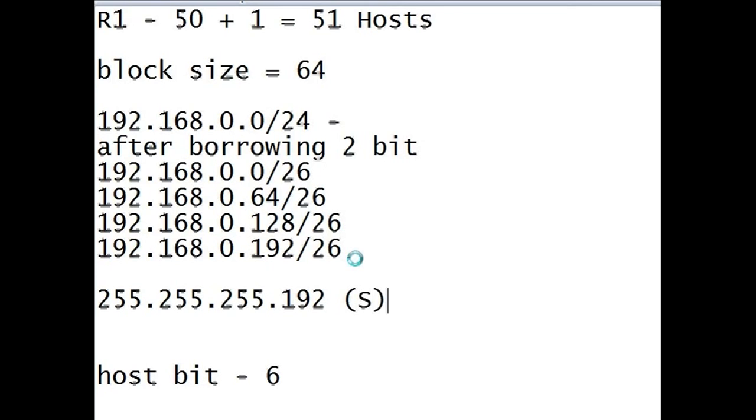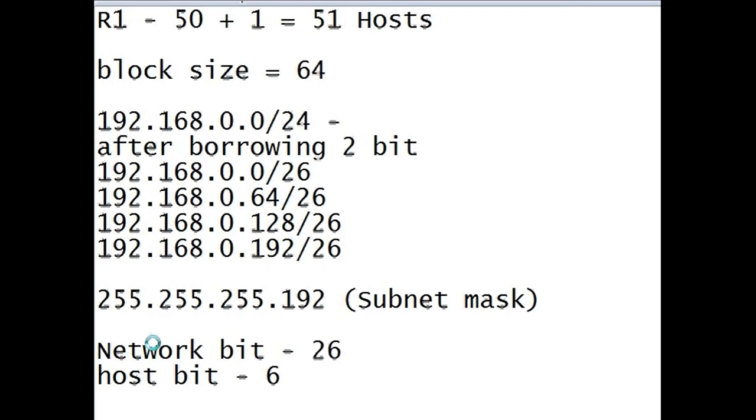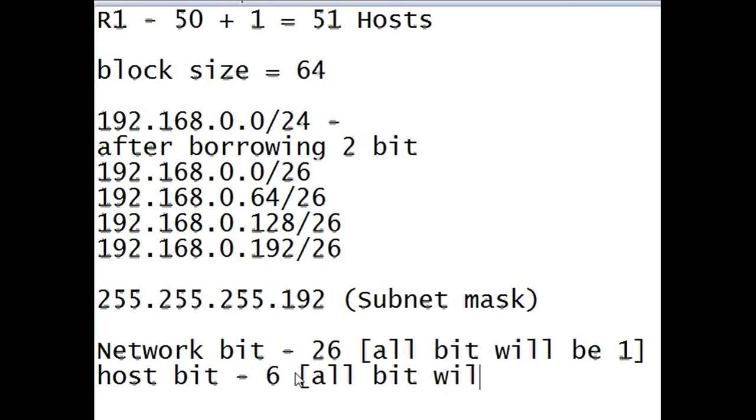Because my host bits are 6, so 26 is now the network bits. So for these 26 bits, all the bits will be 1, and the remaining bits will be 0. That is how we calculate the subnet mask.